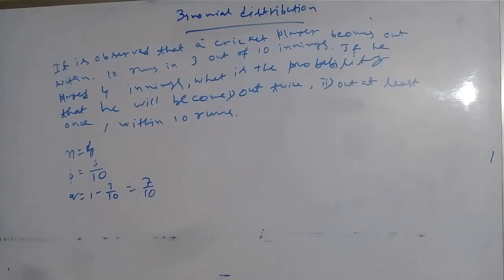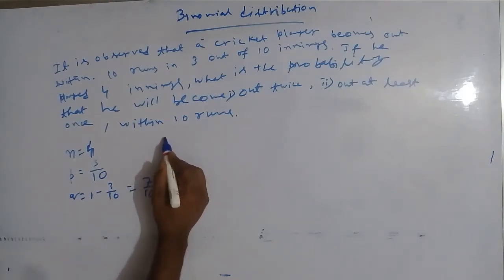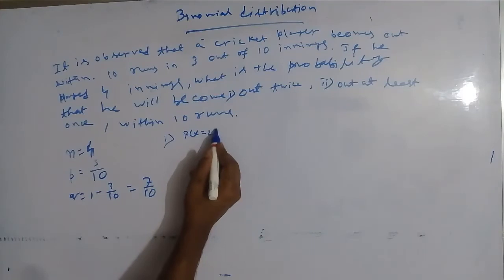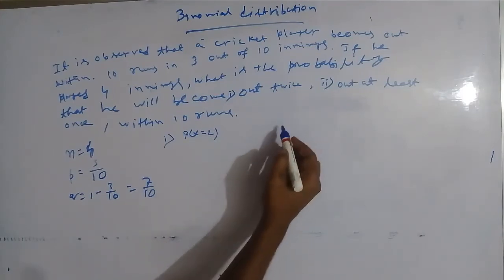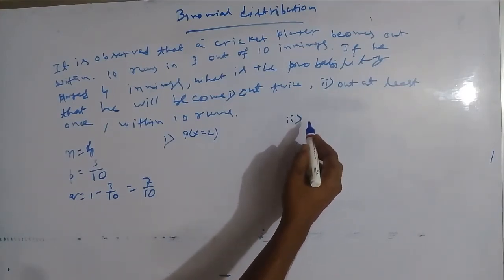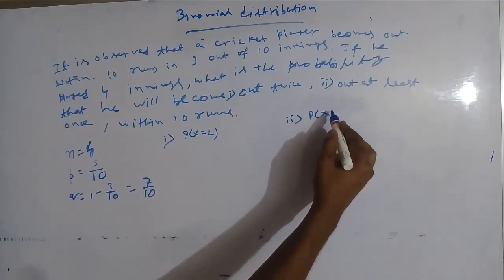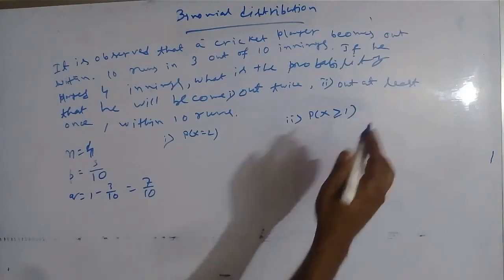Okay, now what are our required probabilities? Number 1, become out twice, that is probability of x equal to 2. You have to find it. And number 2 is out at least once, that is probability of x greater than or equal to 1.